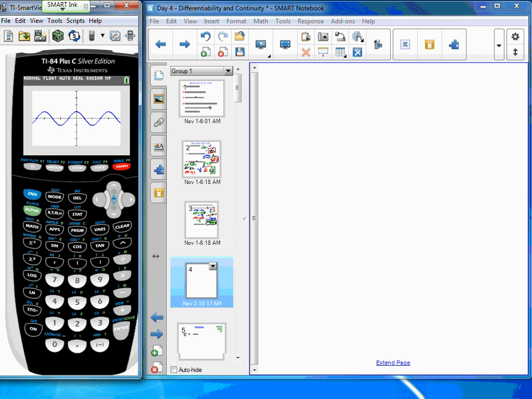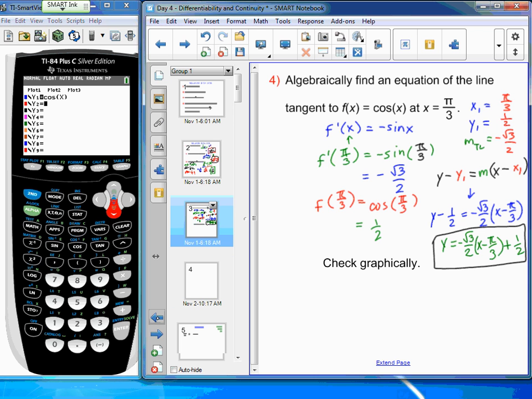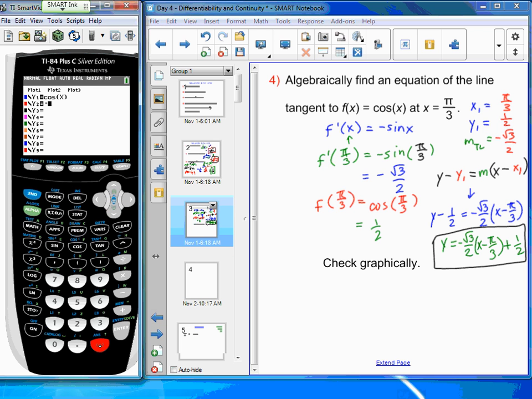And let's go ahead and enter our calculated tangent line, y equals negative root 3 over 2. Ooh, we don't want that. So negative root 3 over 2, how's that?